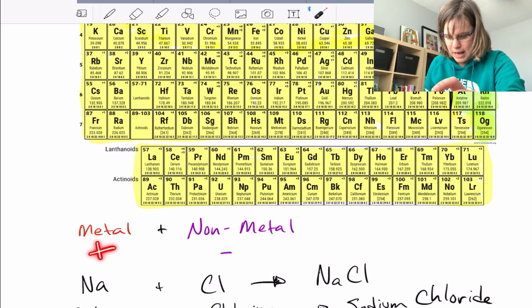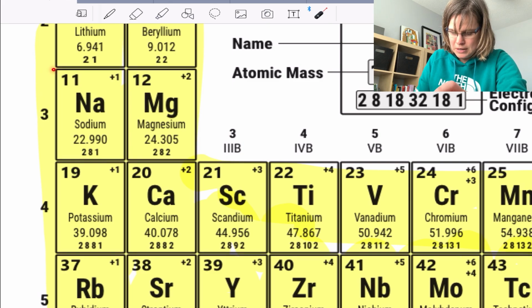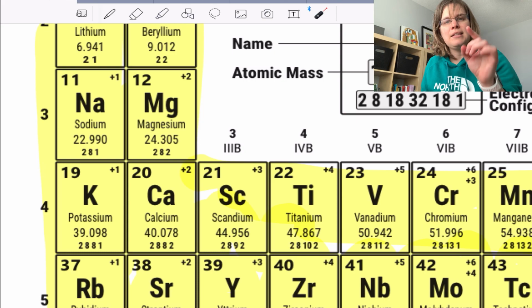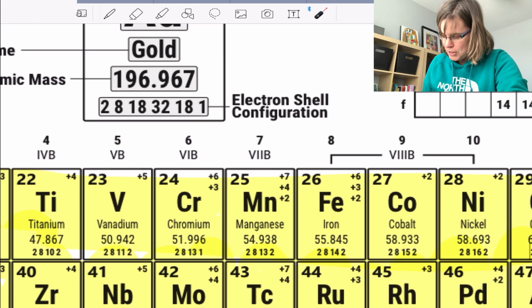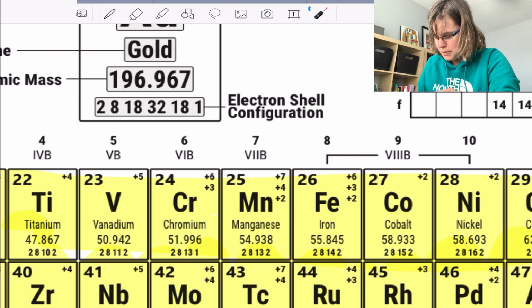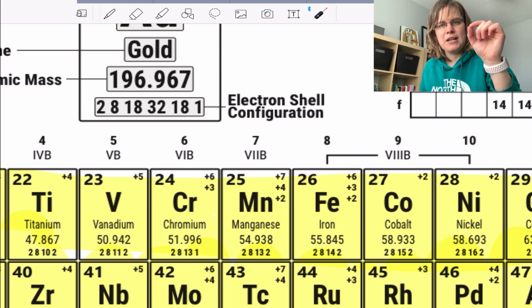So they have a plus. If I zoom in on sodium in my notes, you'll notice at the top it says +1. It's a metal, so it's plus. If we go over to iron, which is Fe, you'll notice that it has multiple forms, +6, +3, and +2. It's always going to have a tiny little number at the top that has a plus.